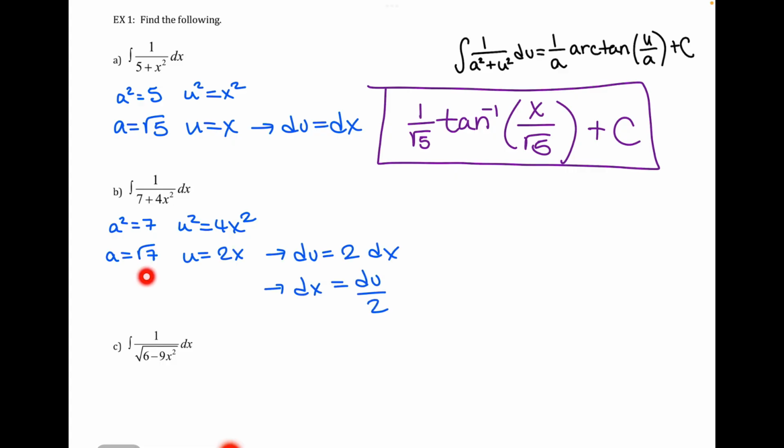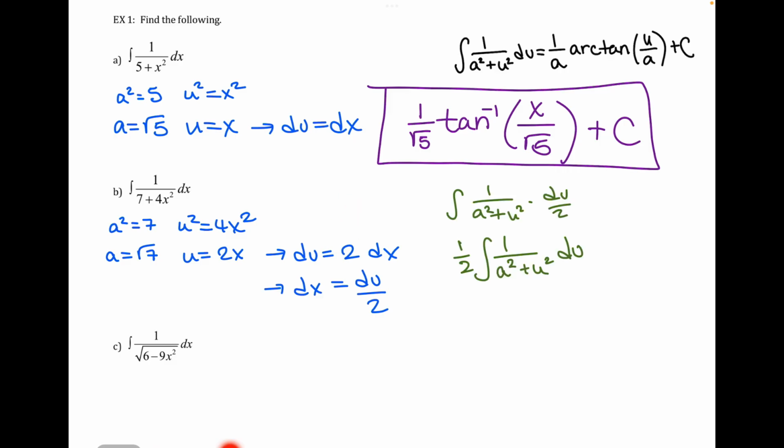That means a is root 7 and u is 2x. So my du now is actually 2 dx. Again, because u is not just equal to x, u is 2x. We're technically doing a u sub here. U is 2x, so my du would be 2 dx.